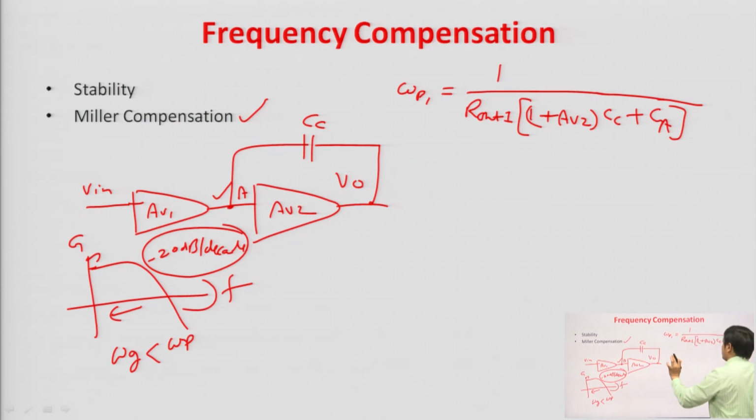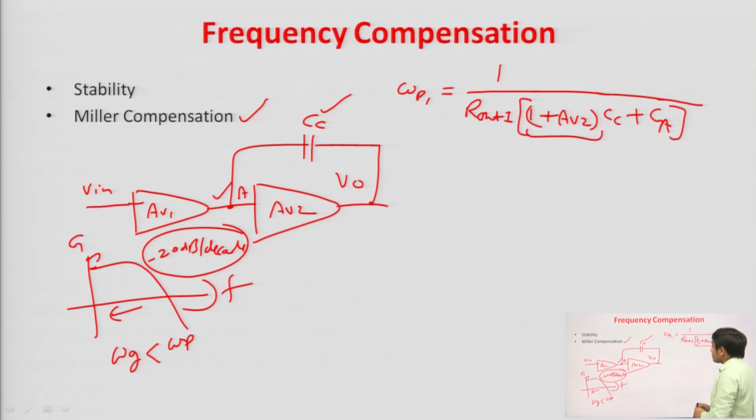So, the point is that when we connect this compensation capacitor C c between the output and the input of the second stage, the total capacitance at the node A increases by the amount 1 plus A V 2. We had done this derivation also in the high frequency response of the common source amplifier.